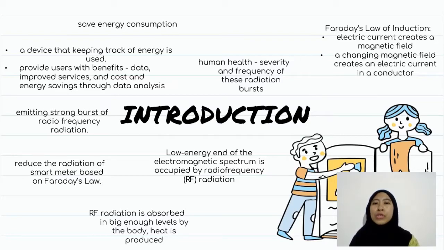So, our project is to solve the stated problem, related to how we reduce the radiation of the smart meter based on Faraday's law. Faraday's law of induction explains how an electric current creates a magnetic field and how a changing magnetic field creates an electric current. That's all from me.